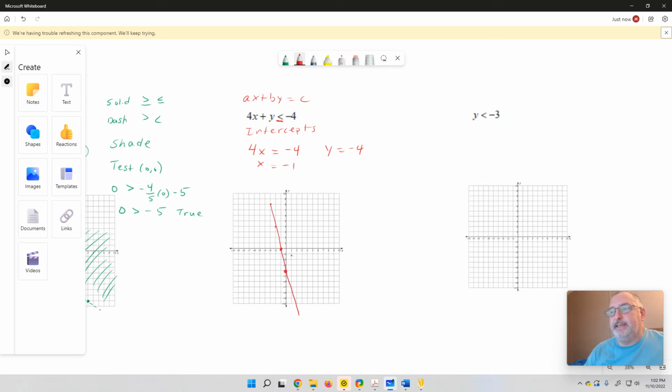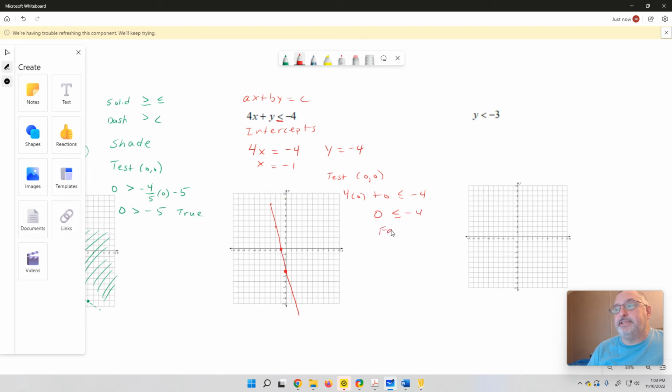It's solid. And again, I want to test a point to see if I get a true statement. Since it doesn't go through the origin, 0, 0 is my test point. I plug in 0, 0: 4 times 0 plus 0 has to be less than or equal to negative 4. 0 is not less than or equal to negative 4.